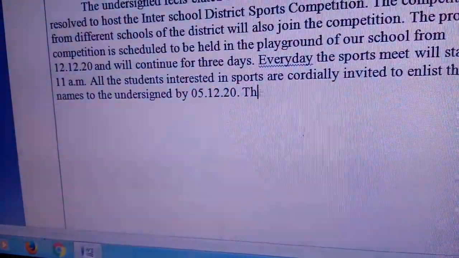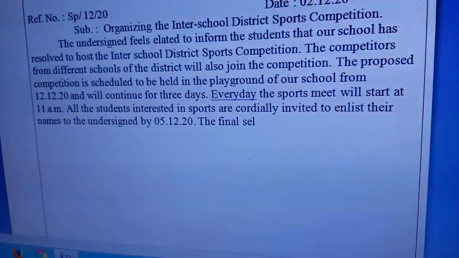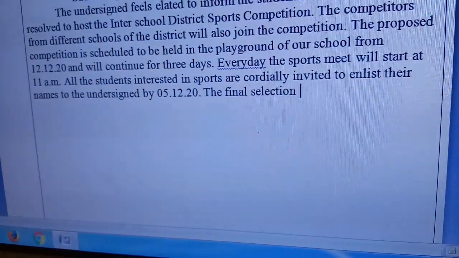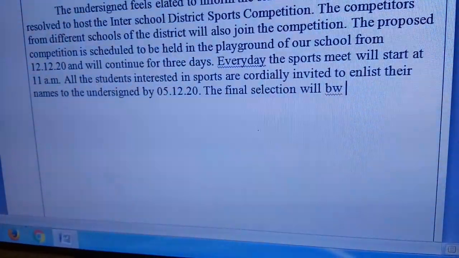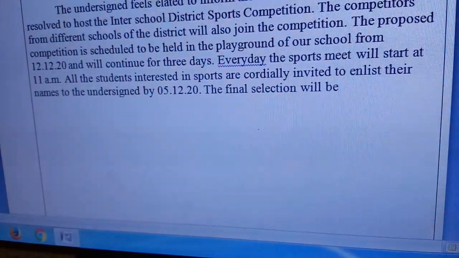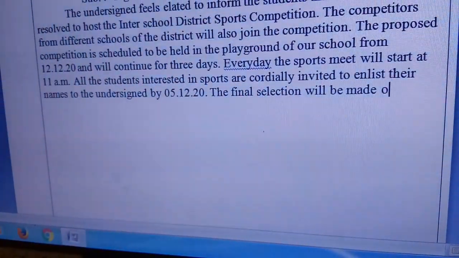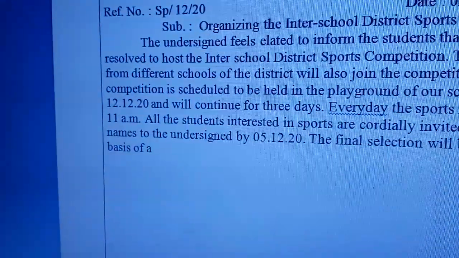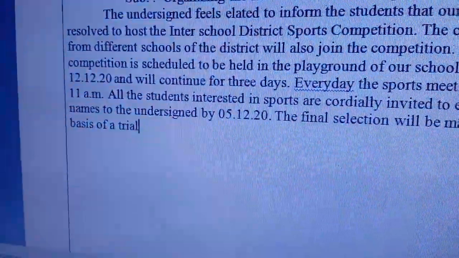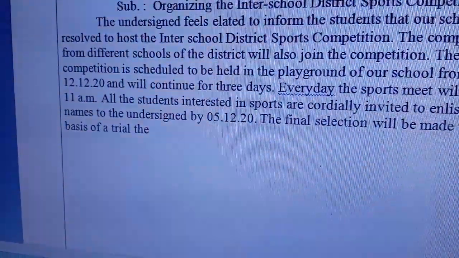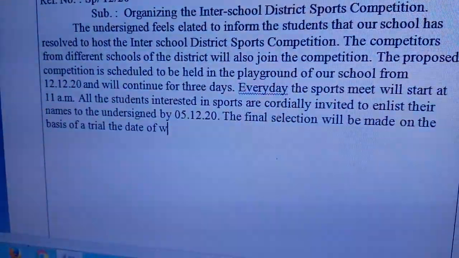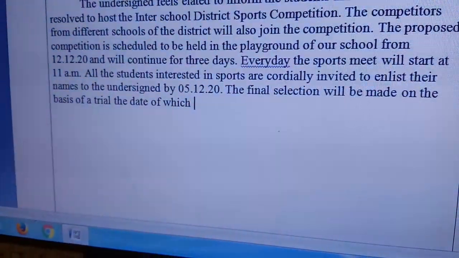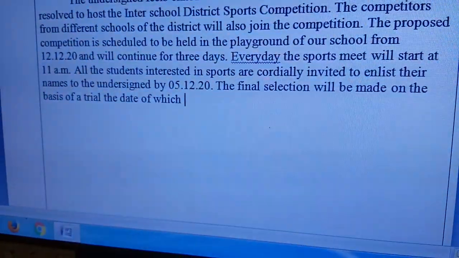Full stop. The final selection will be made on the basis of a trial, the date of which will be notified later on.